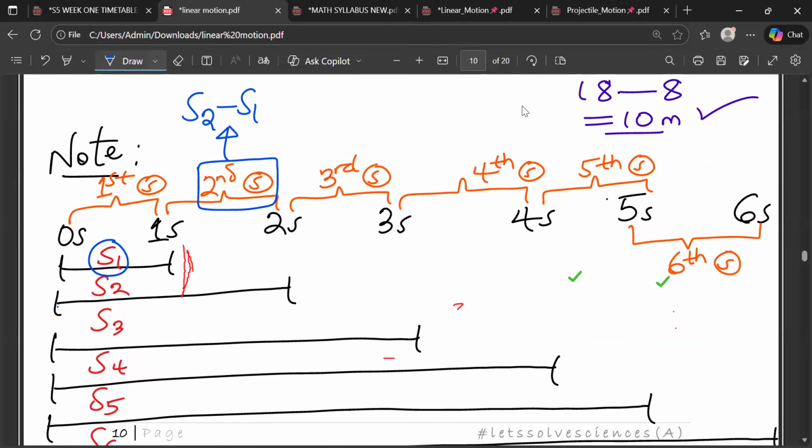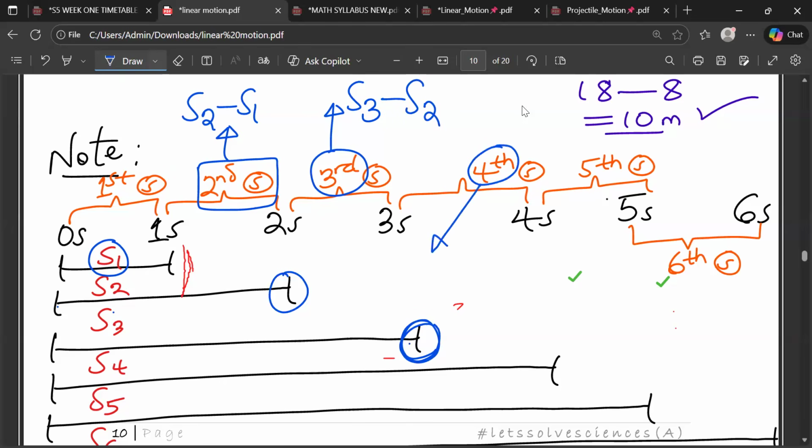For you to get the distance covered only in the third second, you're supposed to take the distance you cover in 3 seconds and subtract the distance you cover in 2 seconds. Same thing, to get the distance you cover in only the 4th second, you take the distance covered in all 4 seconds and subtract the distance you cover in 3 seconds.